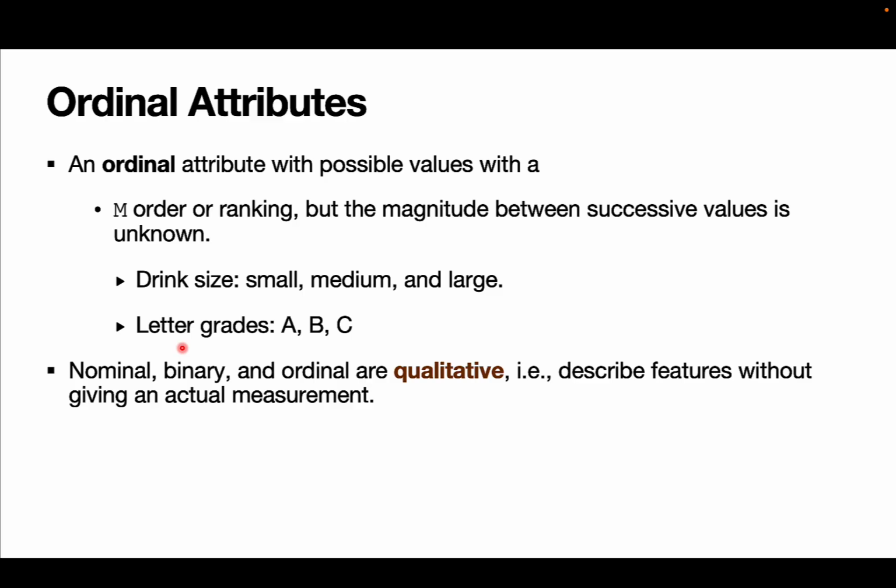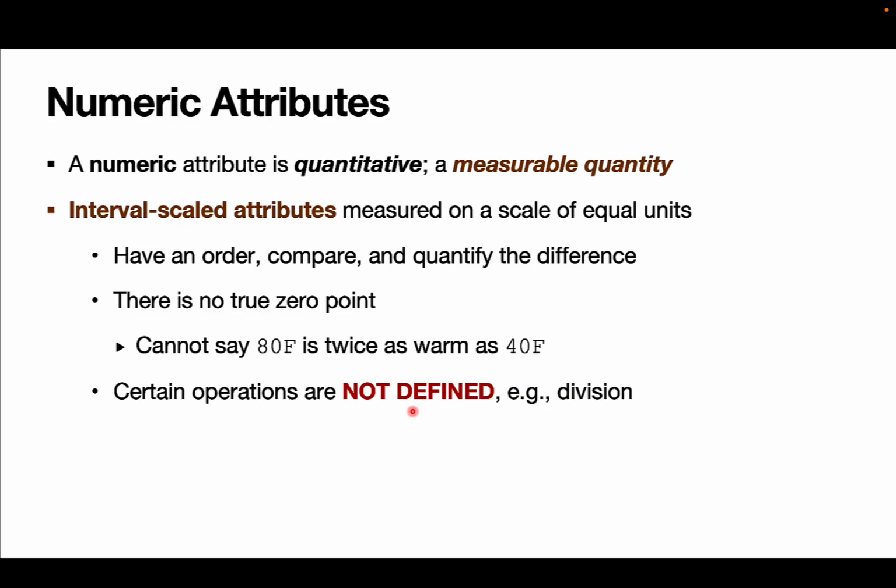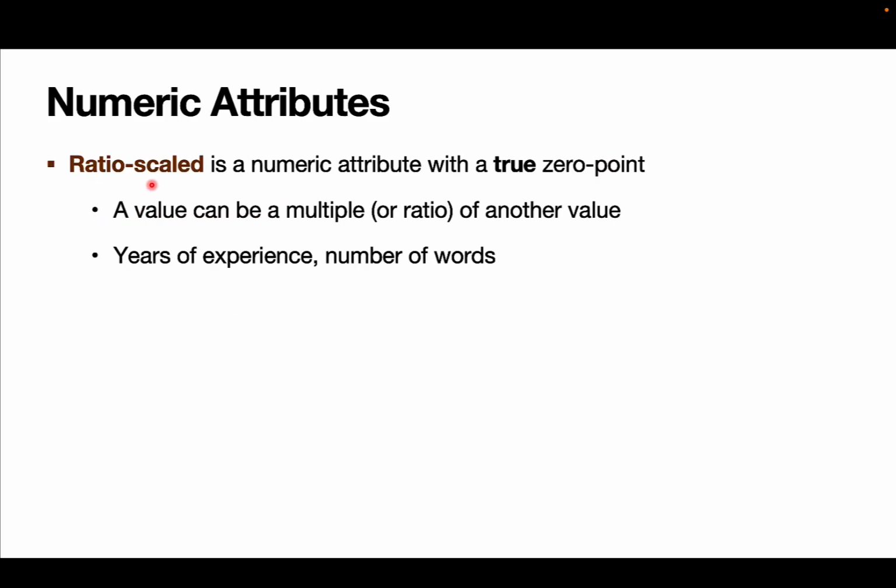At this point, we have studied nominal, binary, and ordinal attributes, which are all qualitative attributes that describe the feature, but don't give a numeric weight. Numeric attributes are quantitative because they measure a quantity. These attributes can be interval scaled or ratio scaled.